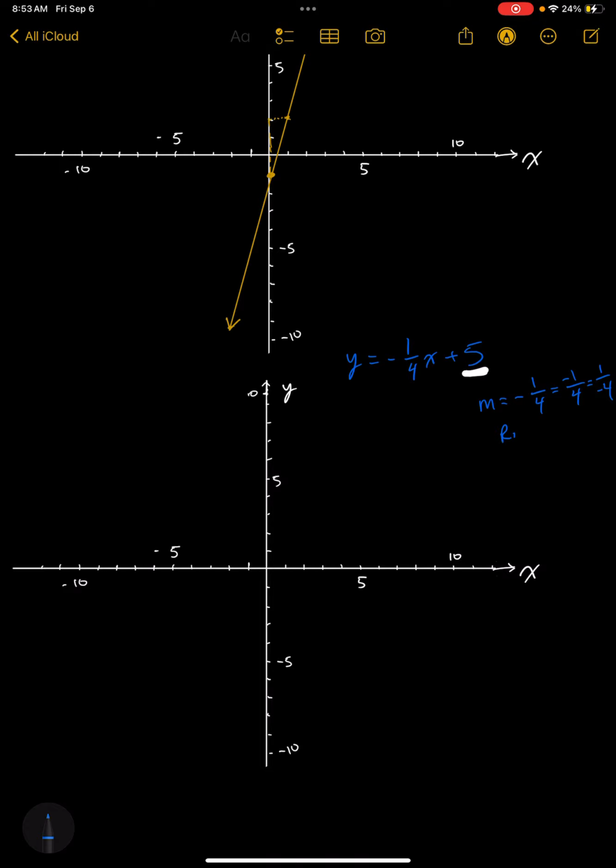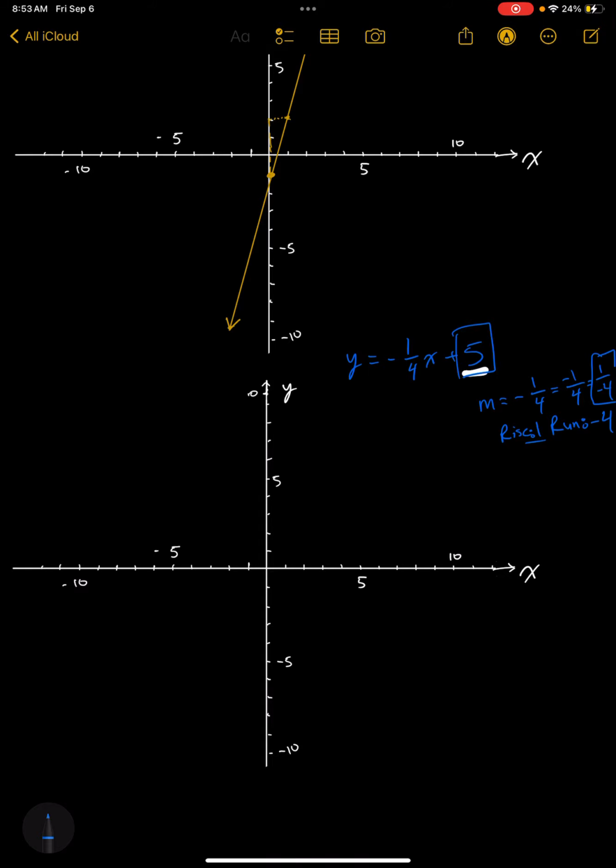Rise is 1, run is negative 4. Okay, we're just going to use this one. So what's the y-intercept? Plus 5.